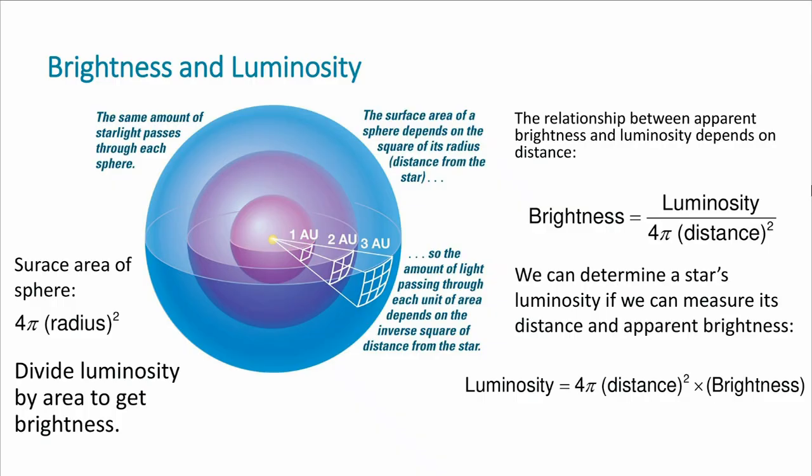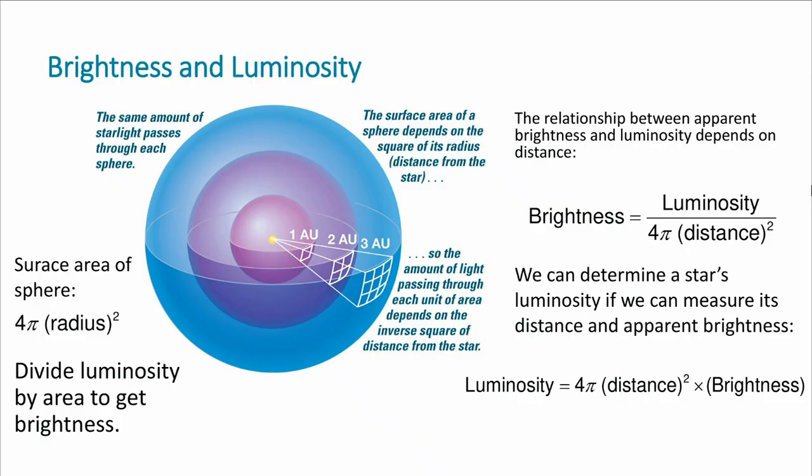And the reason that it's 4 pi times the distance squared is related to this picture. So if you look at the light rays that make up the corner of this box at 1 AU, and then you keep tracing those light rays out to the 2 AU sphere, you would see that at the 1 AU mark, you would get 1 square's worth of the total sphere.